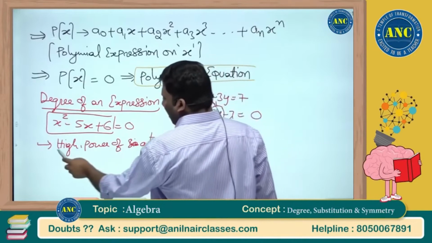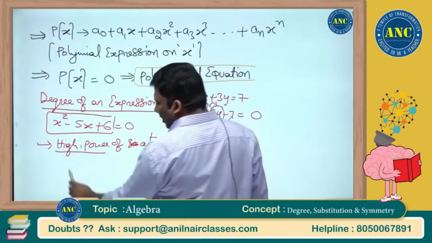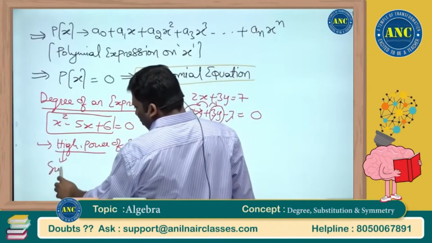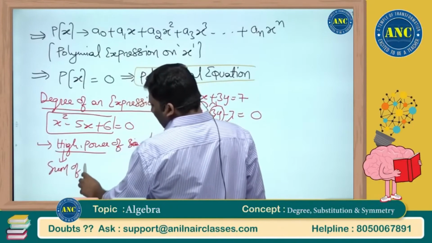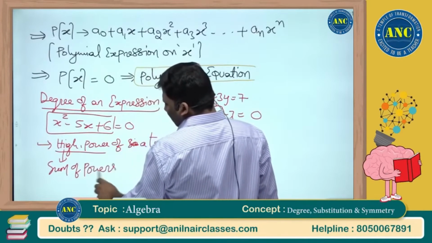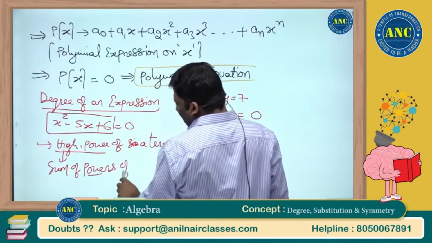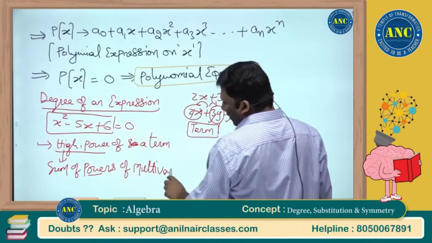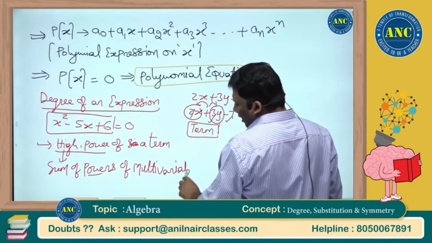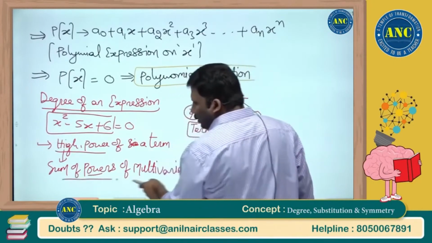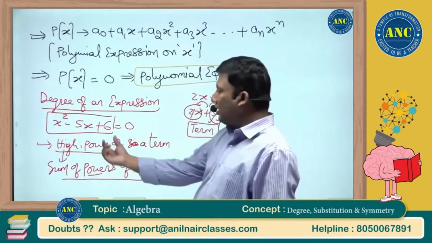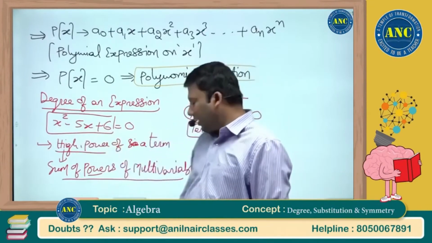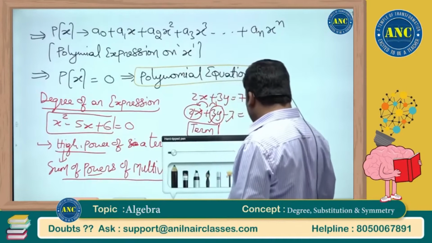How do you get the highest power of a term? If there are more variables, take the sum of the powers of the multivariables. Very, very important key points, please listen carefully. Degree of an expression: x square minus 5x plus 6 equivalent to 0.